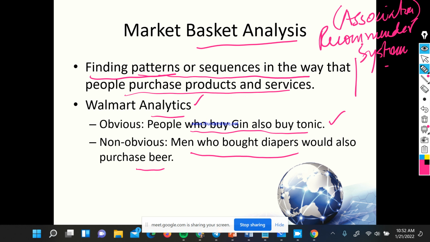Amazon, eBay, all online portals, except for Bangladeshi online portals, there is still not very strong association rule implementation in e-commerce portals of Bangladesh.